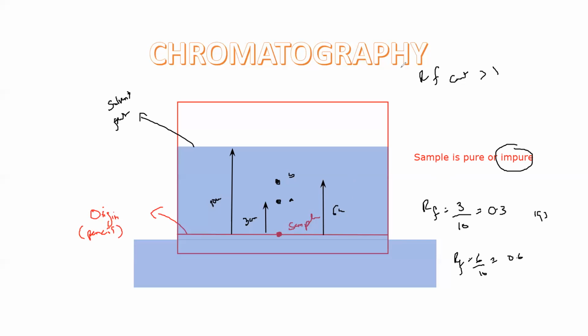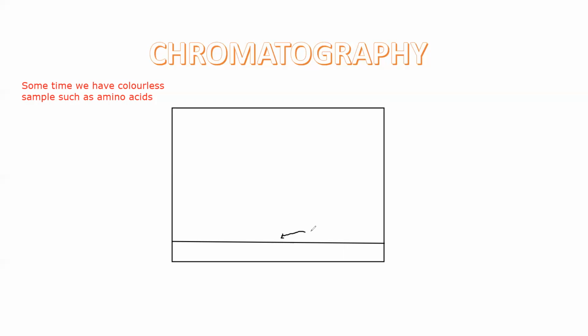But sometimes the sample which we are using is a colorless sample, such as amino acids. Amino acids are colorless liquids. They don't have a specific color. So when we draw the origin with a pencil and place a sample, because it's colorless, we cannot see the sample.